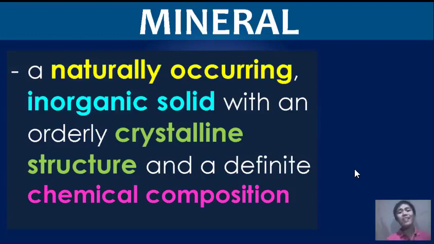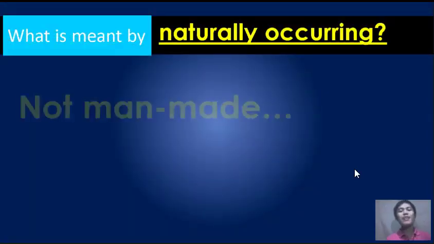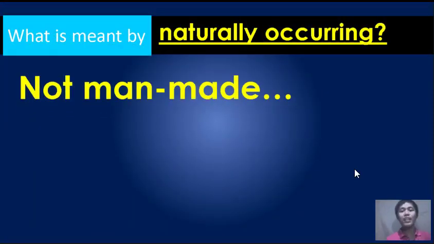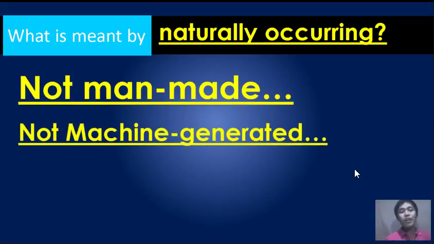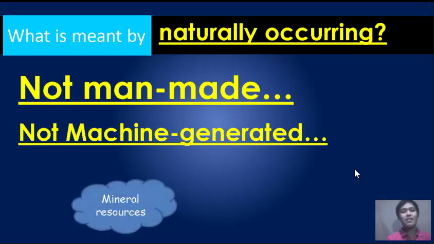What is meant by these highlighted words? First, when we say naturally occurring, a mineral is not man-made. It is not machine-generated. In your social science classes, we call these minerals mineral resources since they are natural resources.